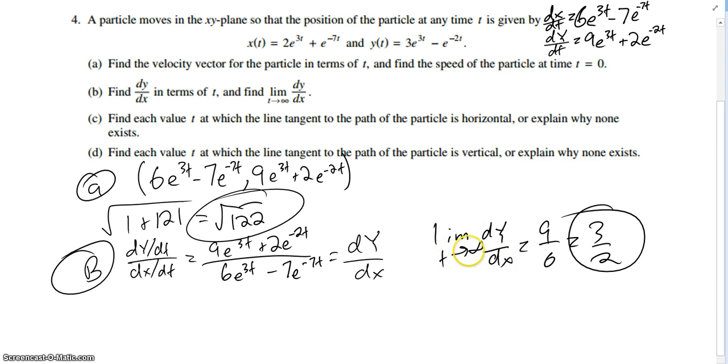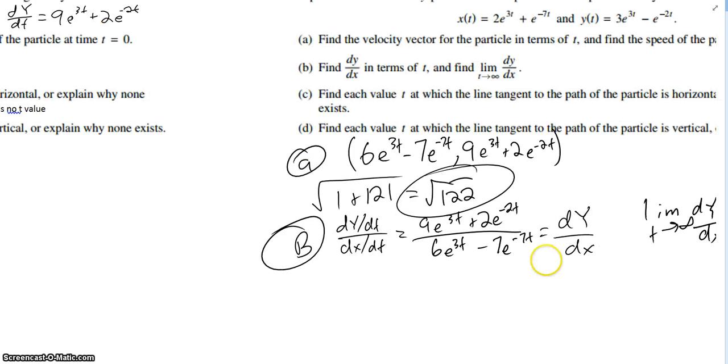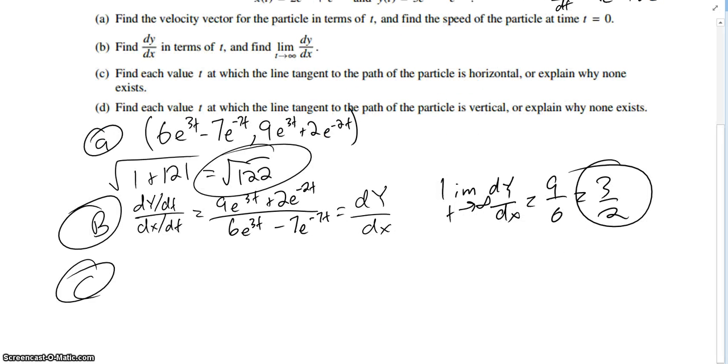Then C is find each value of t at which the line tangent to the path of the particle is horizontal, or explain why none exists. Sorry, I just had to rearrange the screen there. We're looking for when the tangent line is horizontal.